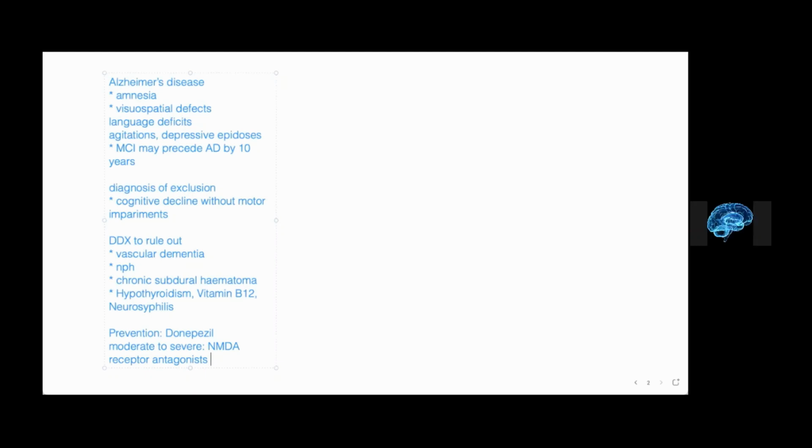So glutamate binds to NMDA receptors, and there's some theory that there's too much excitatory action potential firing as a result of aberrant glutamate transmission. So the idea about an NMDA receptor antagonist is to decrease the excitatory effects of glutamate, if that makes sense. But that's pretty much it in terms of treatment specific to Alzheimer's disease.